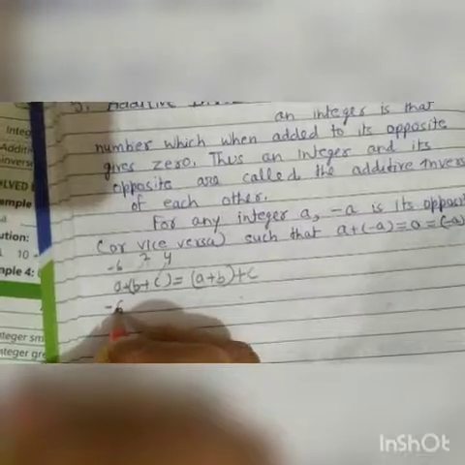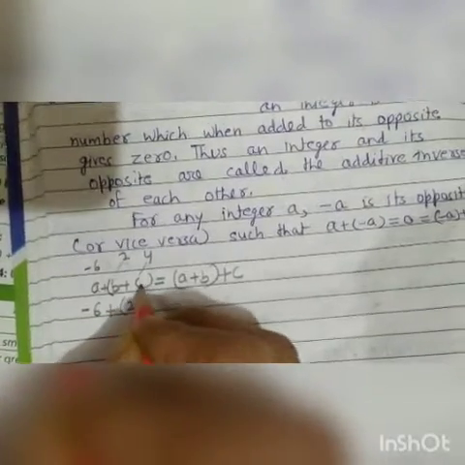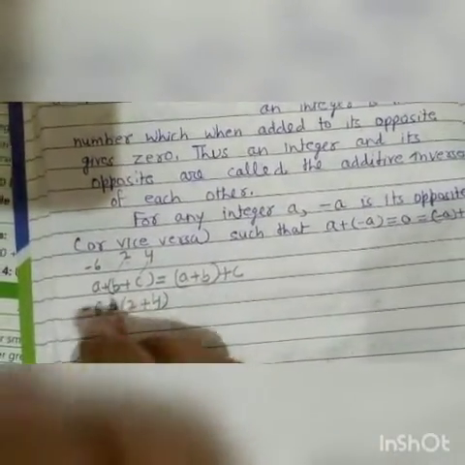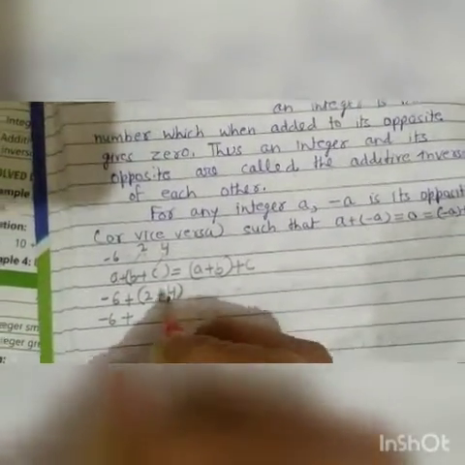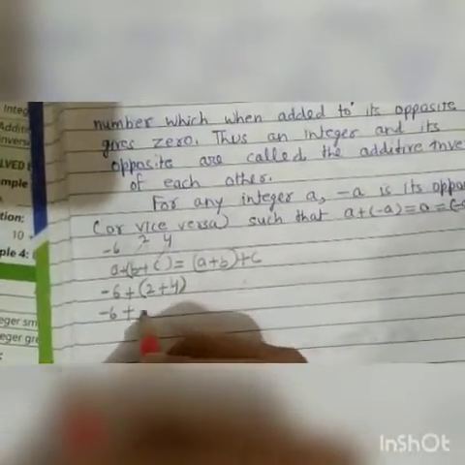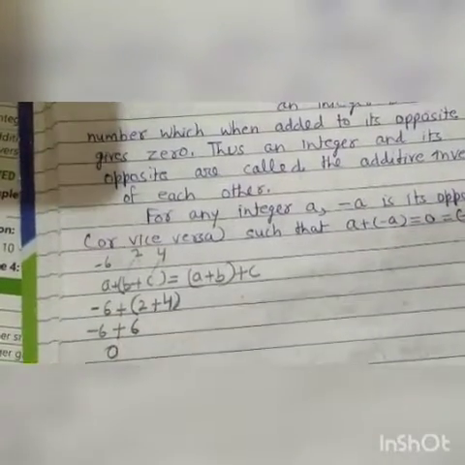In place of a, we write minus 6 plus, then this bracket, b is 2 plus c is 4. Solve it. First we solve this bracket. Within the bracket it is 2 plus 4, 6. Now minus 6 plus 6 is equal to 0.